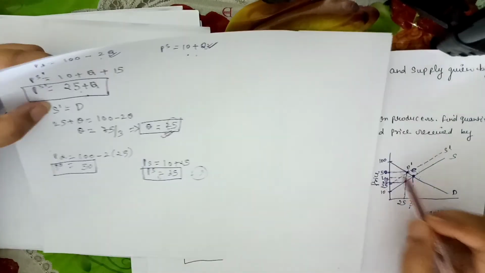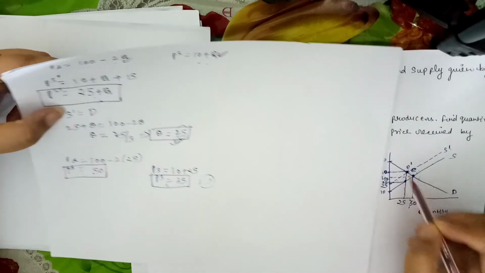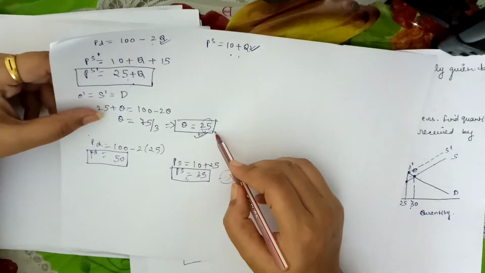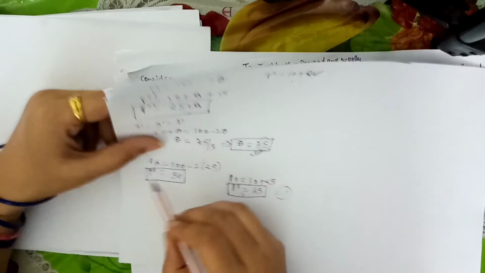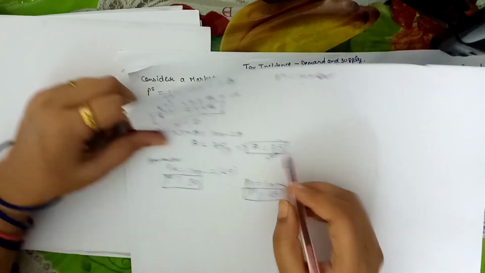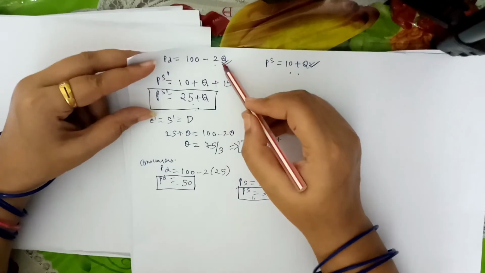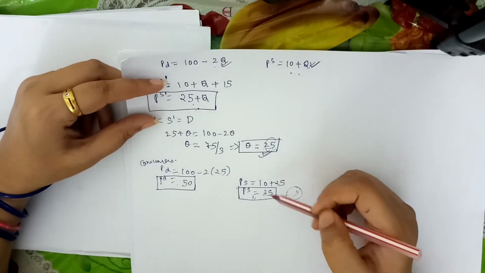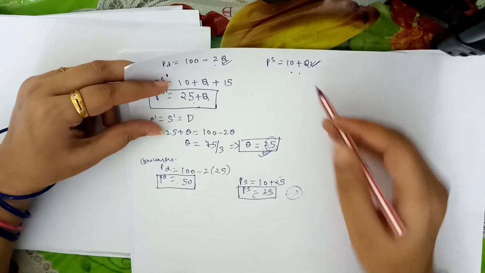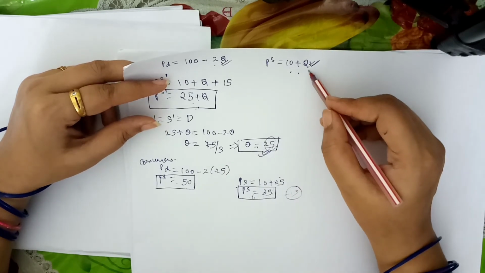Then to calculate the new equilibrium point, we substitute the new supply and old demand. Now to calculate the price for the consumers, we substitute that Q in the demand equation, and to calculate the price for the producer, we substitute that Q into the original supply function.